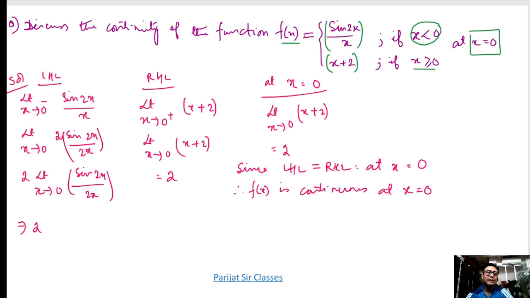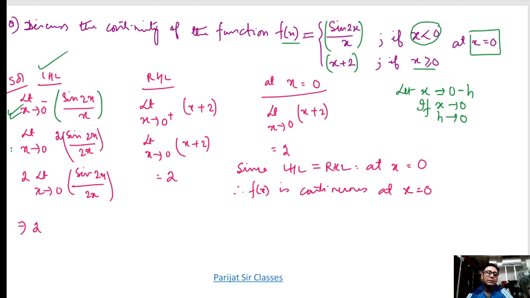So let us take the left hand limit, where I will test at x less than 0. Let x tend to 0 minus h. So if x tends to 0, h will tend to 0.